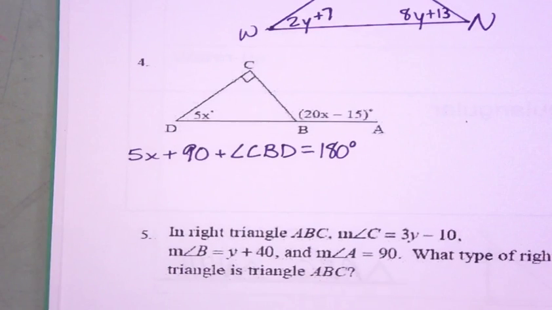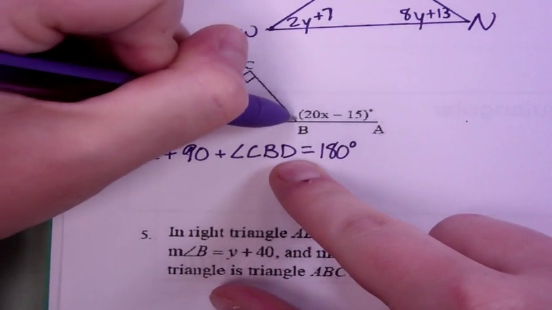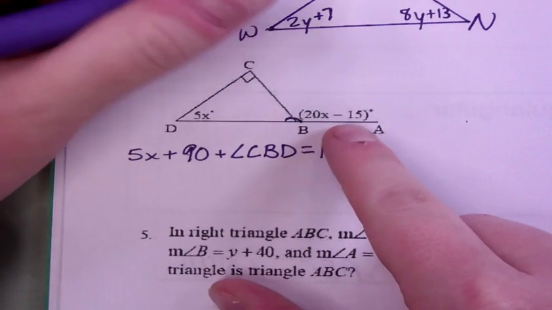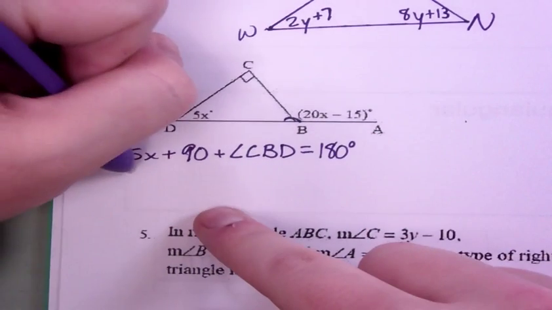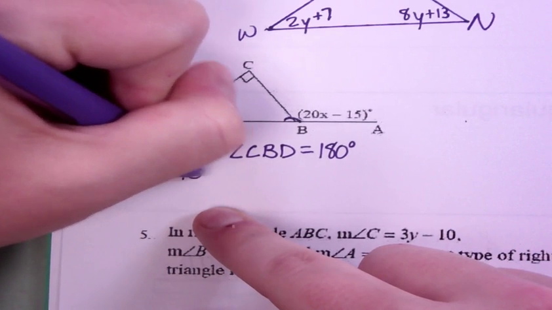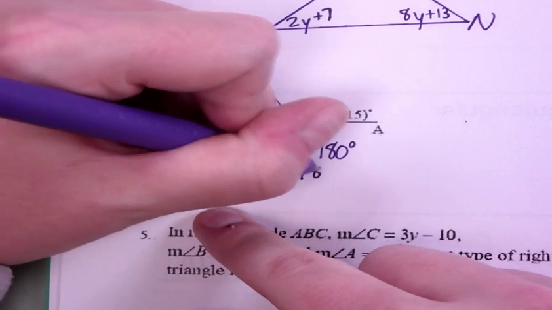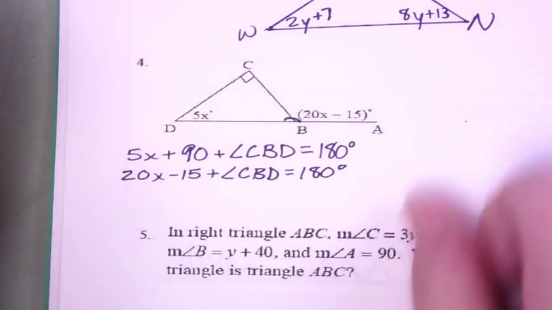Okay, so we know that is true. We also know that if we add these two together, 20x minus 15 plus angle CBD equals 180 degrees.